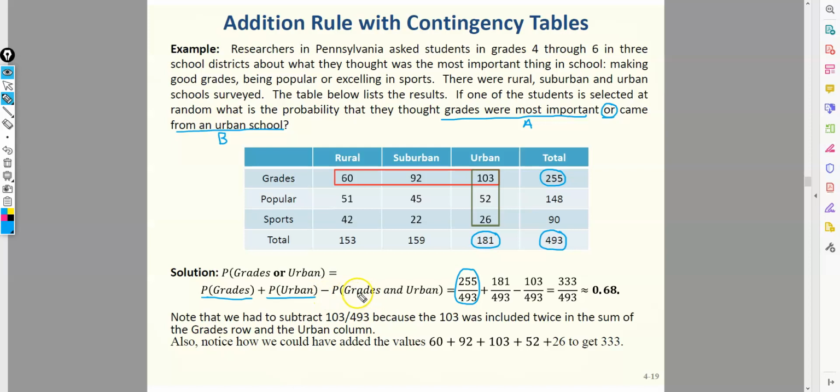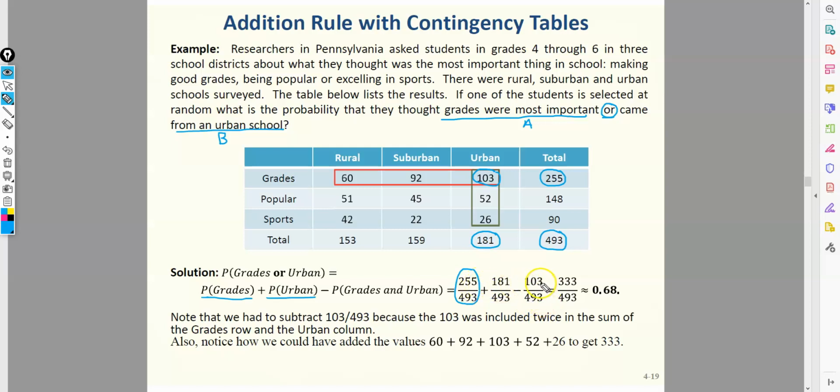Then we have to subtract off probability of being from an urban school district and thinking that grades are most important. Well, that's this entry right here, which is included in both rectangles. And so that probability is going to be 103 out of 493.